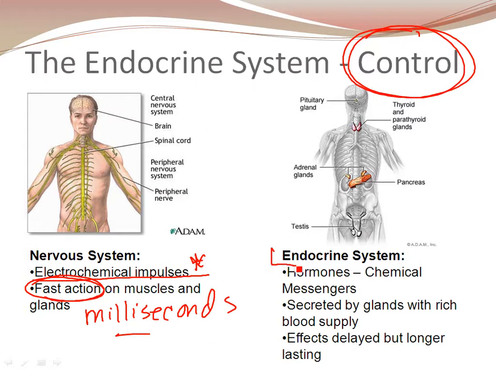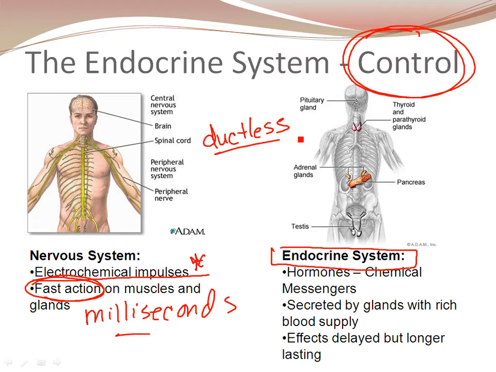Now the endocrine system, in contrast, and hopefully you may remember, dig back deep into Biology 201. The endocrine system is a system of glands within the body, and these are ductless glands, so they don't have little tubes or ducts that carry the products of the gland up to a body surface somewhere.